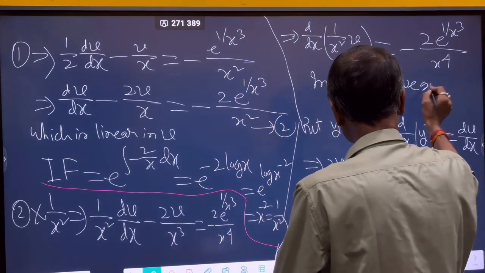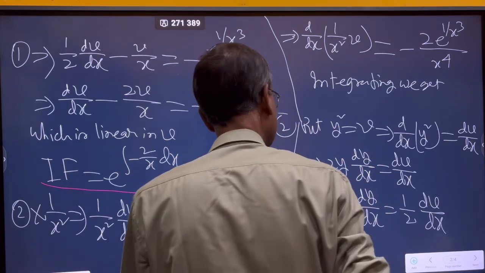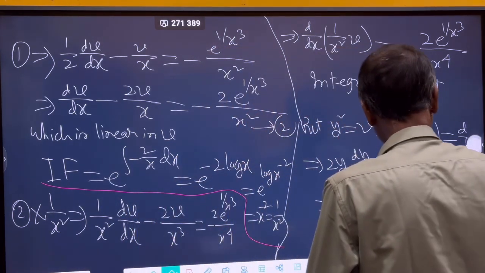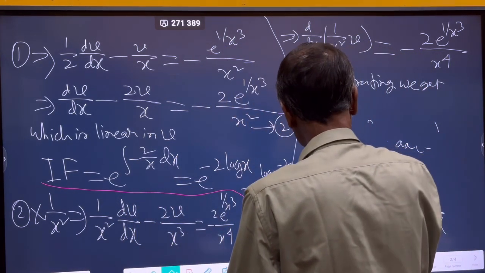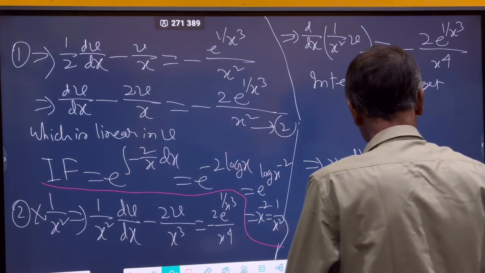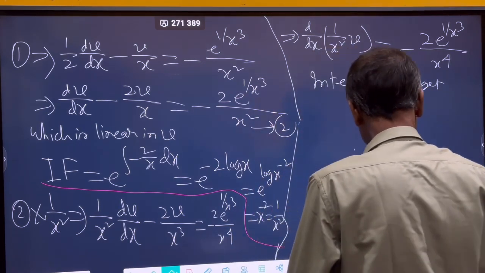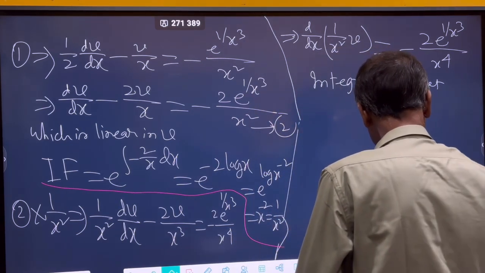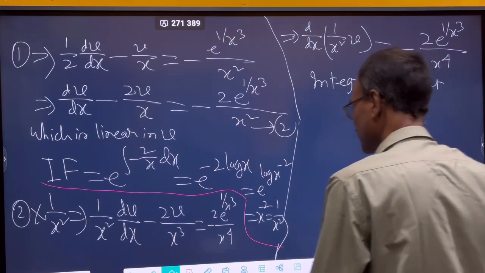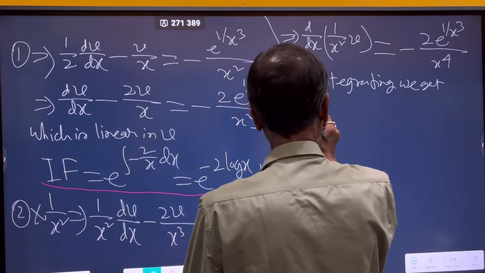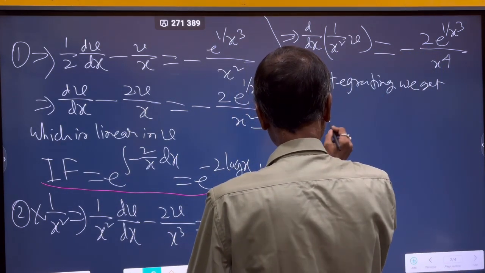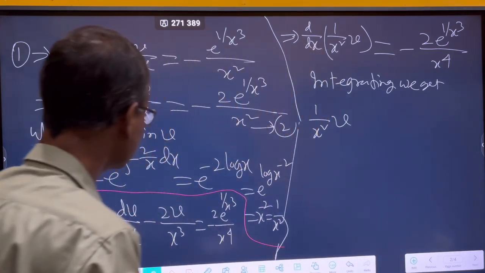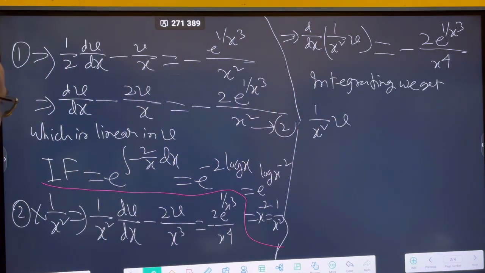Integrating, we get 1 by x square into v.